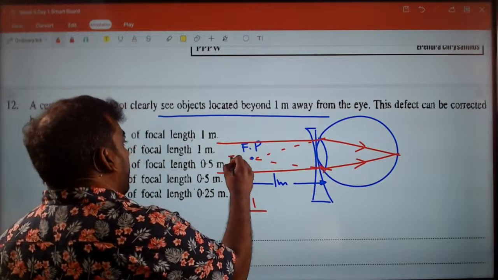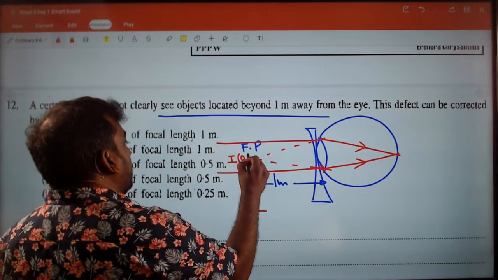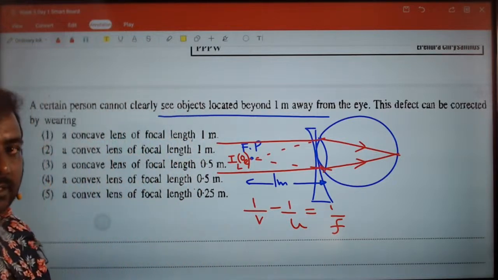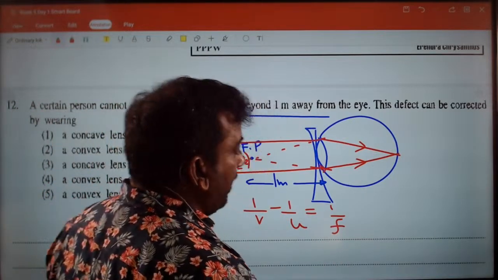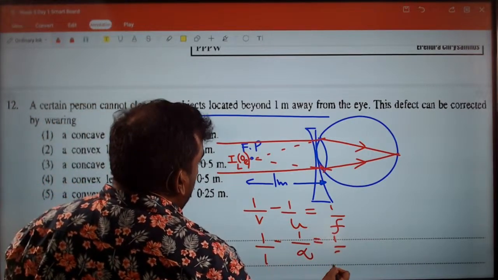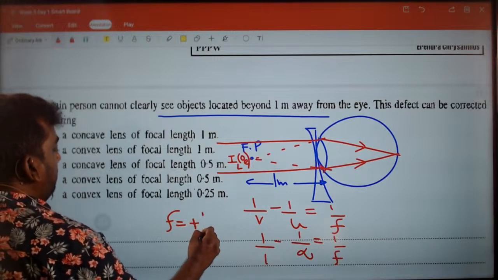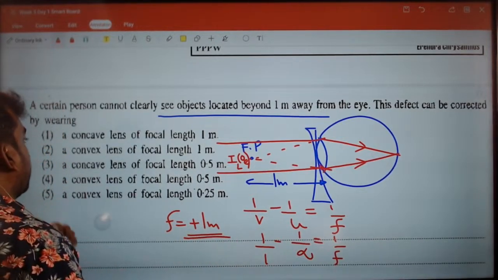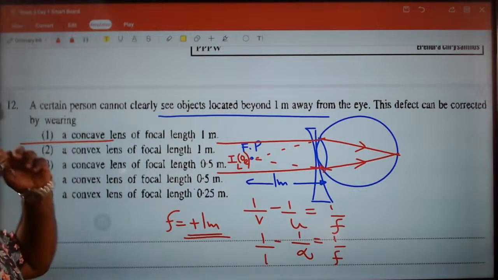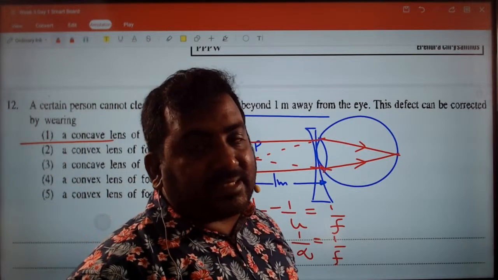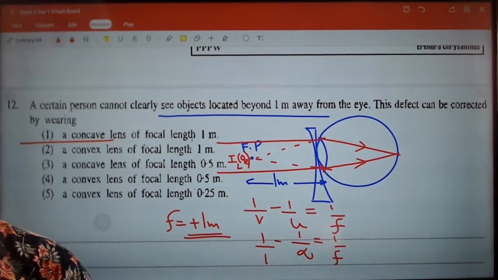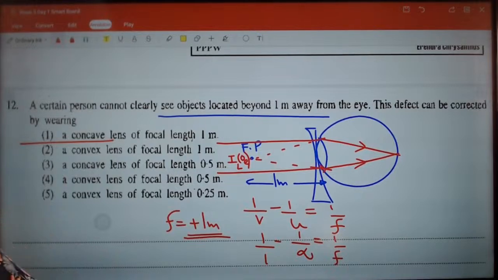So the image from the lens is the object for the eye. 1/v minus 1/u equals 1/f. Correct. Object is at infinity, image is formed at 1 meter. Focal length of the lens is equal to minus 1 meter. Minus 1 meter means concave lens. Answer number 1. If the person cannot see beyond 1 meter, it means he is short-sighted.